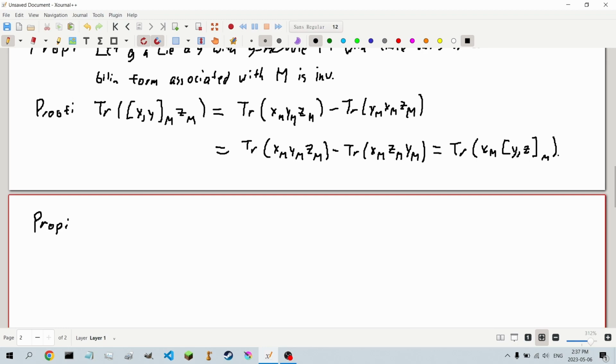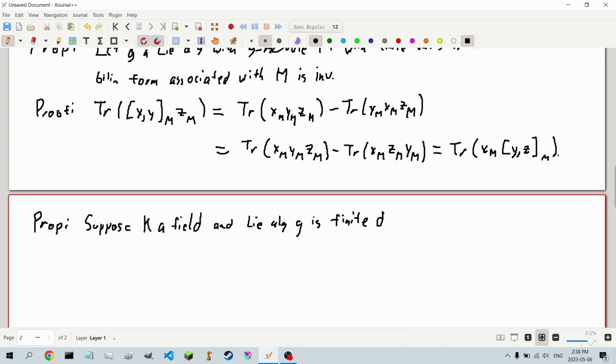Proposition. Suppose K is a field and the Lie algebra G is finite dimensional.